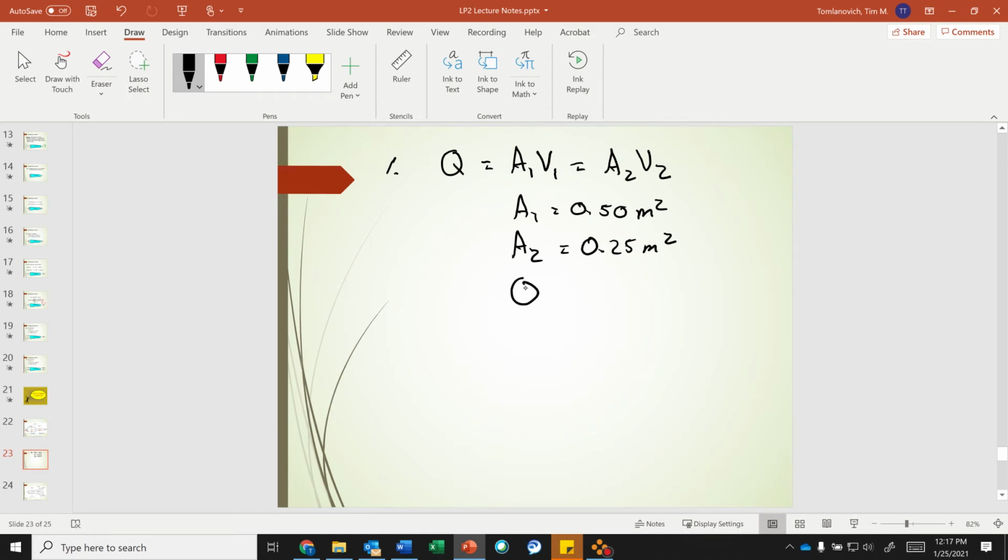And Q equals 1,000 liters per second times 1 cubic meter per 1,000 liters, because it's usually cubic meters per second or cubic feet per second that are the most common units we use for flow. So we're left with 1 cubic meter per second for my flow rate.